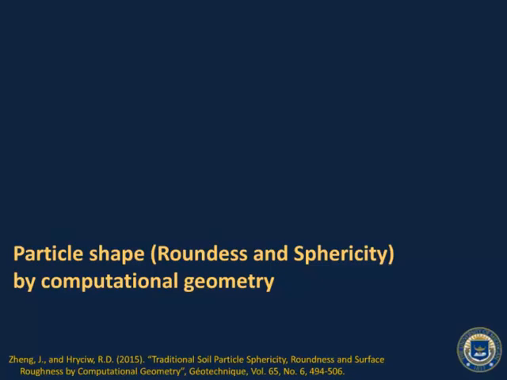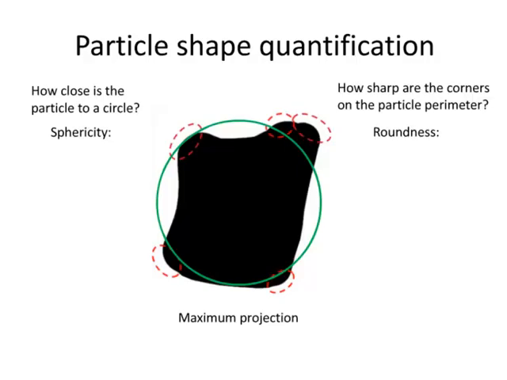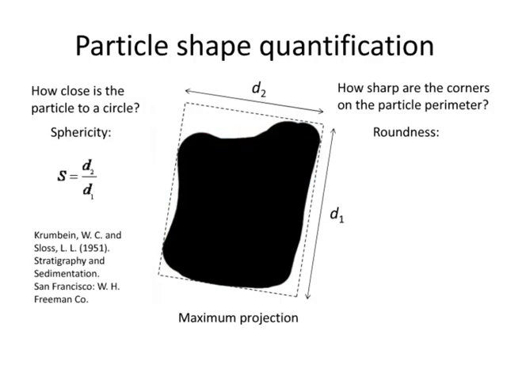But what geotechnical engineers are really interested in are particle angularity, roundness, and sphericity. And it's because our engineering properties are most affected by the corners of particles, how angular or how rounded these particles are. So sphericity is defined by many in different ways.